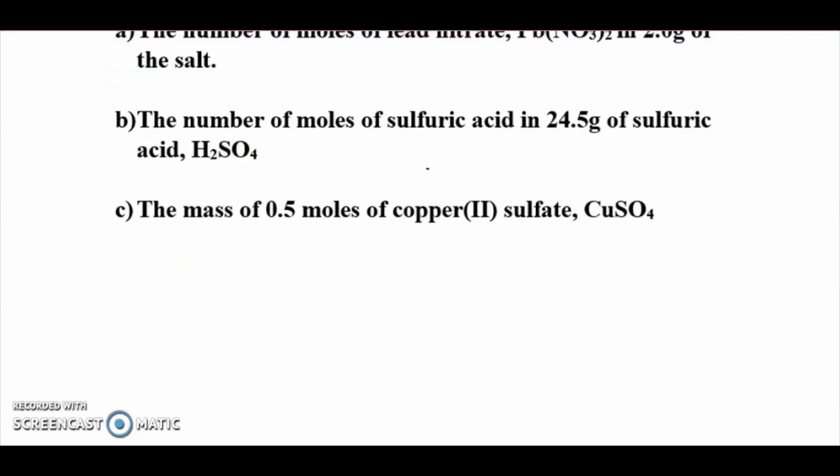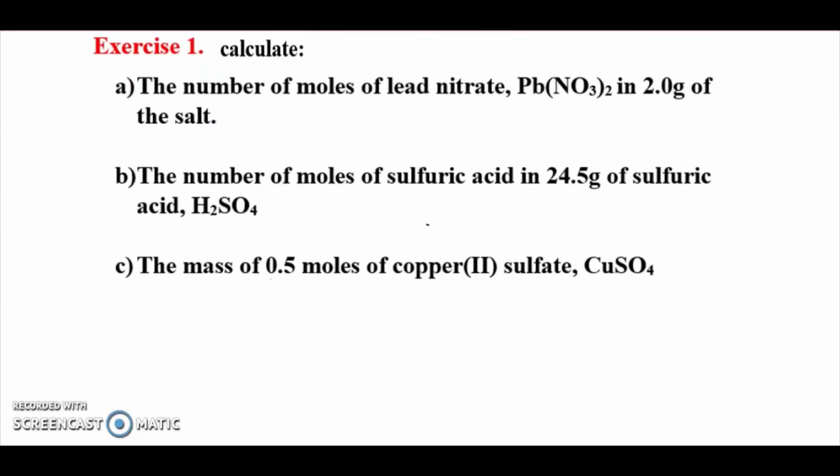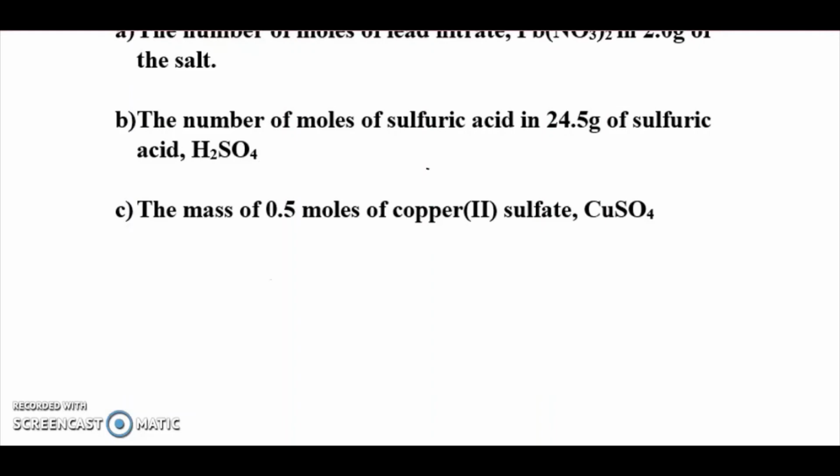So let's see if you calculate. Okay, good. So let's begin with A. So molar mass of lead nitrate. If you calculate it, you should have 331 gram per mole.